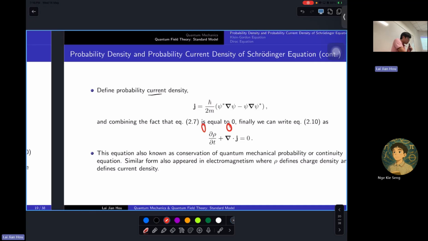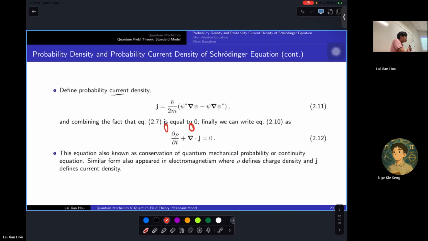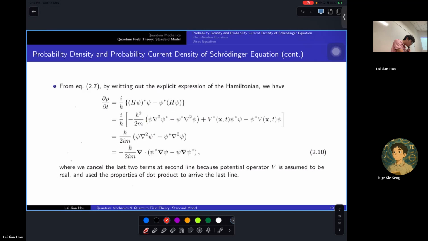I think 2.12 maybe is correct, but whatever you said previously.